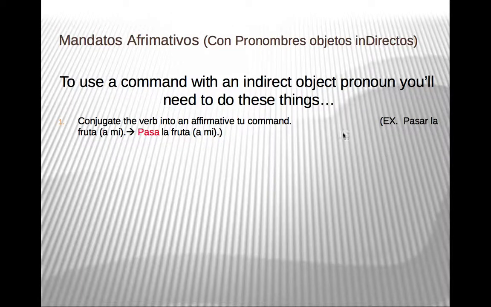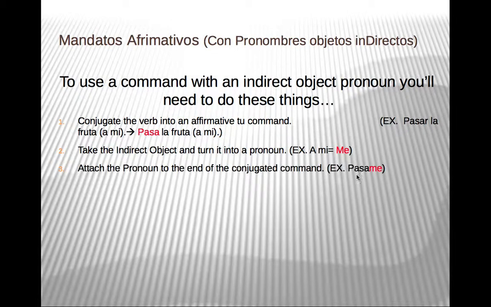The verb pasar goes to pasa. La fruta is our direct object, and the a mí is the indirect object. So a mí goes to me, and we attach that one: pásame la fruta. We don't have to change the direct object.